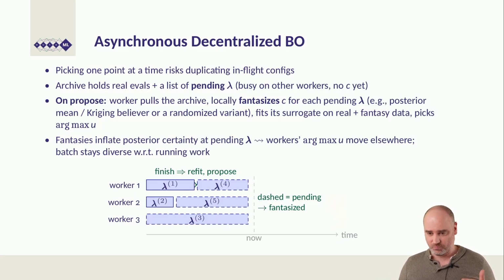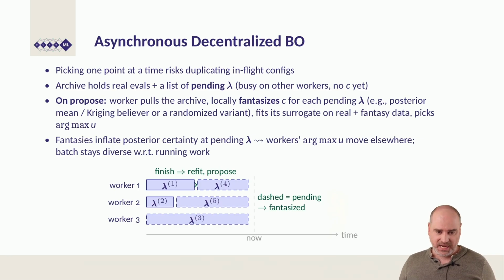And then we fit a surrogate model on this imputed data, so on the real and on the fantasy data. We then do acquisition function optimization, propose a point, and evaluate that. And at that point, we would also write a new pending evaluation into the archive.